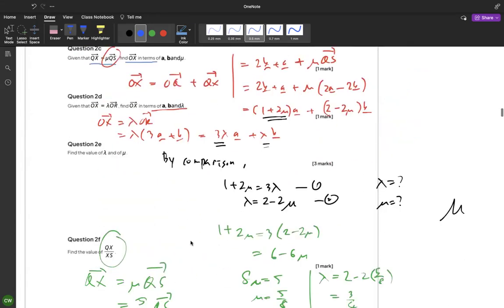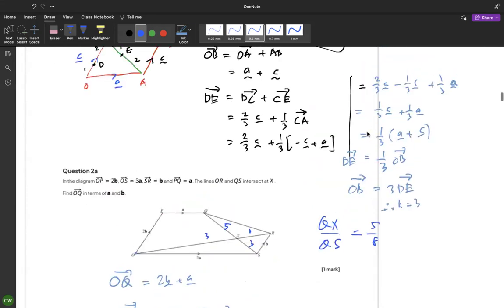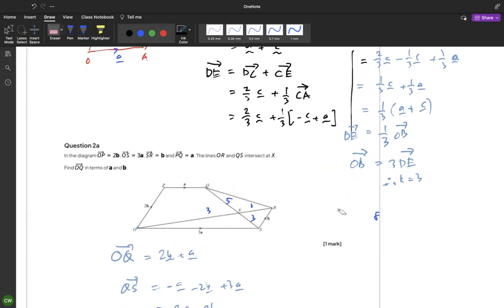Sorry, QS to SS is 5 to 3. Okay. Ratio. See from the diagram, that's all.